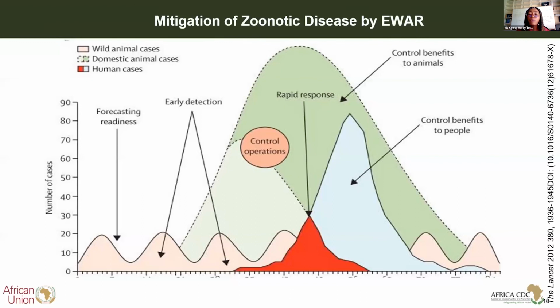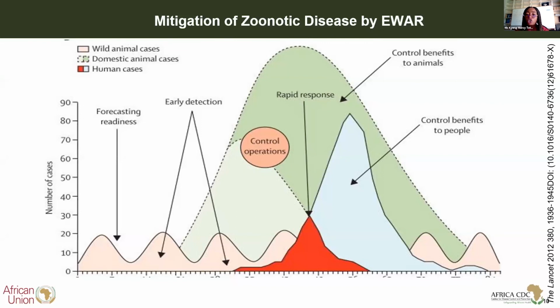So we can join forces together to ensure that cases that are being reported and alerts that are being picked up in the wild animal population are also sent to the domestic animal sector, so that preventive measures and barrier measures are put in place earlier on, to prevent the spillover to the domestic and then further to the human population.